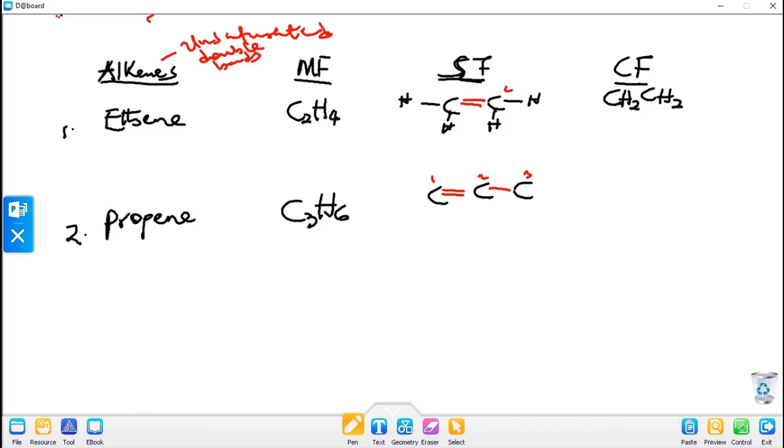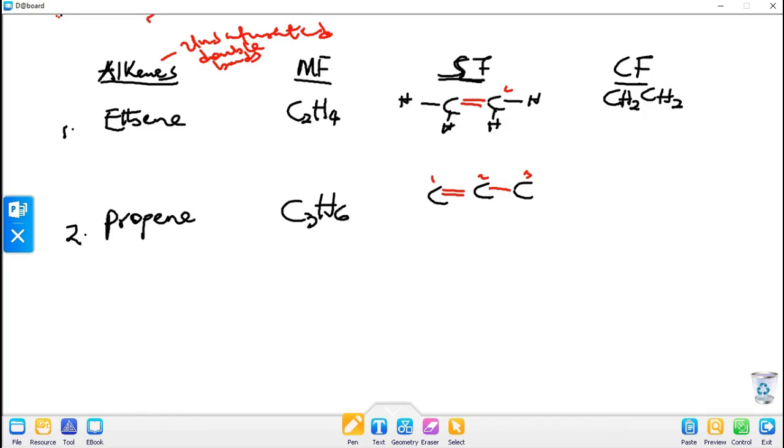To do so, we have to consider that carbon 1 has 2 bonds already. Similarly, carbon 2 has 2 bonds with carbon 1, and it also has another single bond with carbon 3. So carbon 2 has 3 bonds, 2 from carbon 1, 1 from carbon 3, while carbon 3 has just a single bond, which also binds with carbon 2.